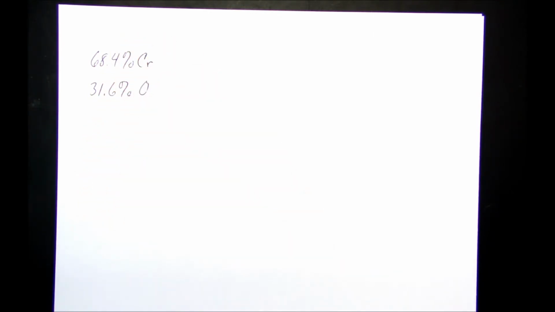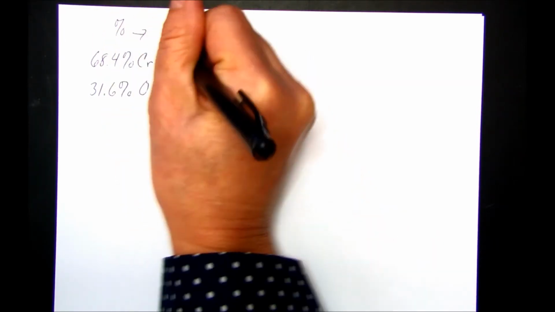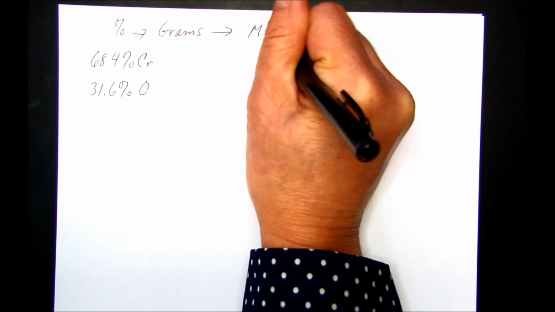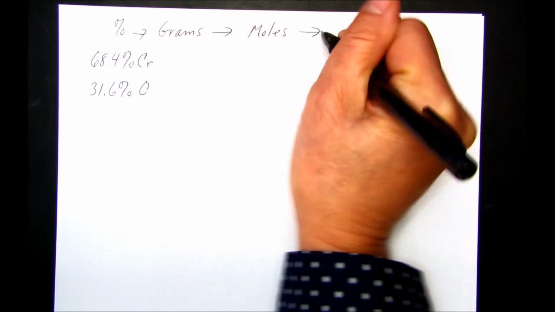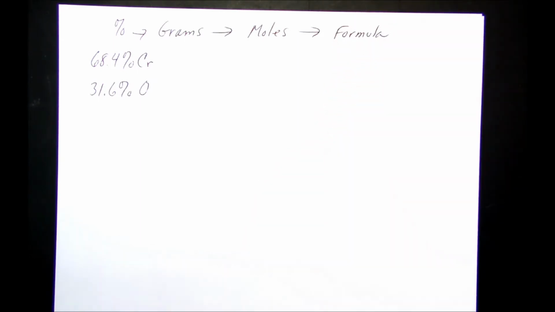So we'll write down these facts: 68.4% chromium, 31.6% oxygen. And as I said, we're going to work backwards. We're going to have the percent. From that, we'll get grams. From that, we'll get moles. That will lead us to a formula.